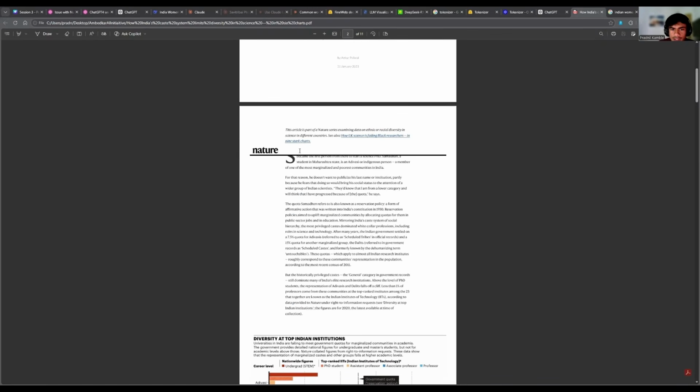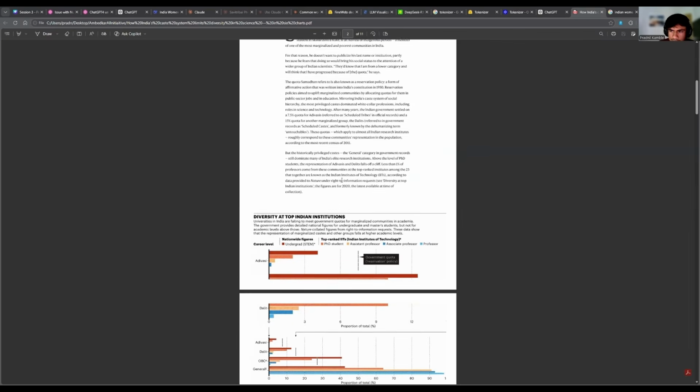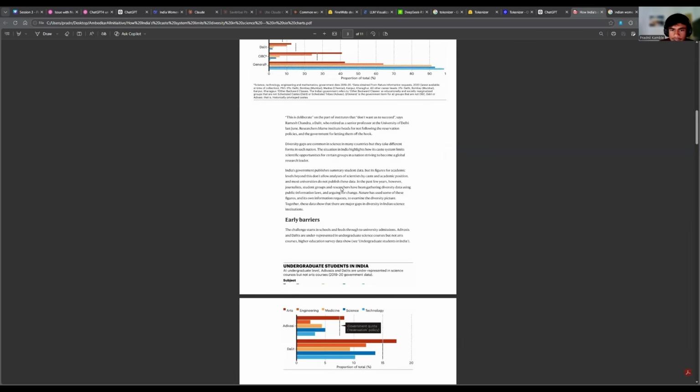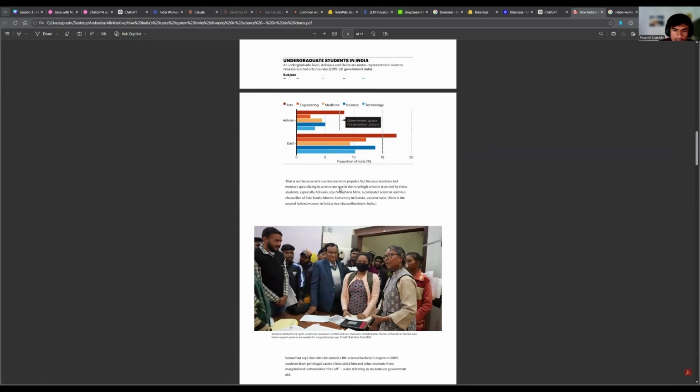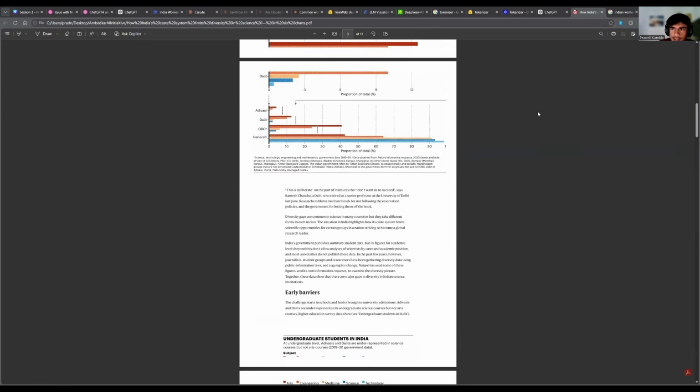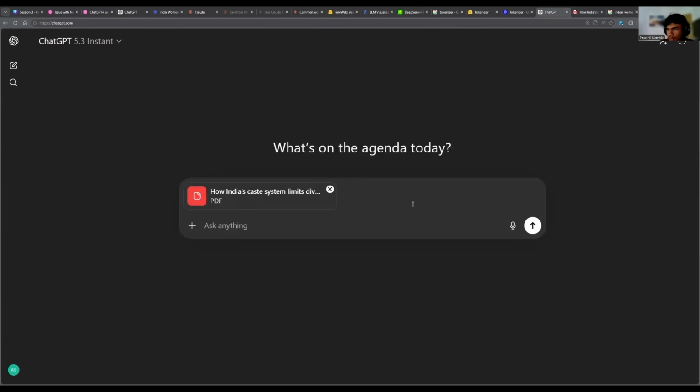I downloaded a PDF of it. I see that it's not in a good print as of now, but I downloaded the PDF because I've read this. And I fed it to ChatGPT. Now I'm going to ask it, can you please summarize this article for me?